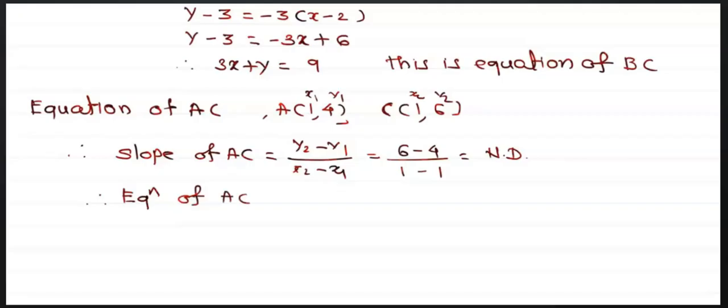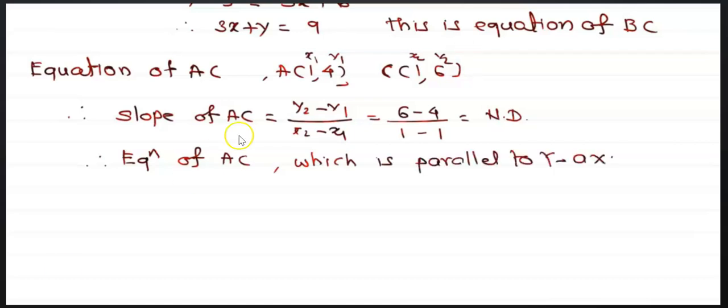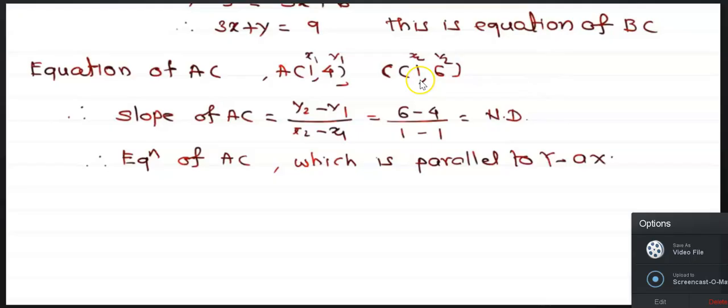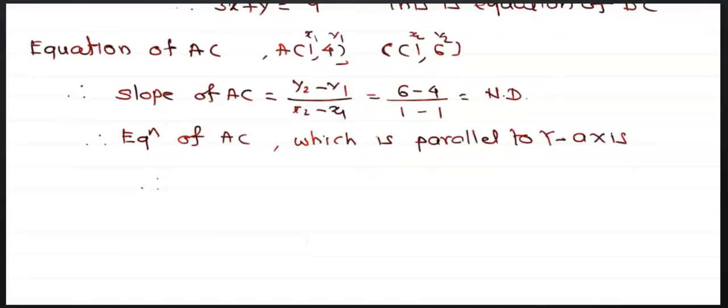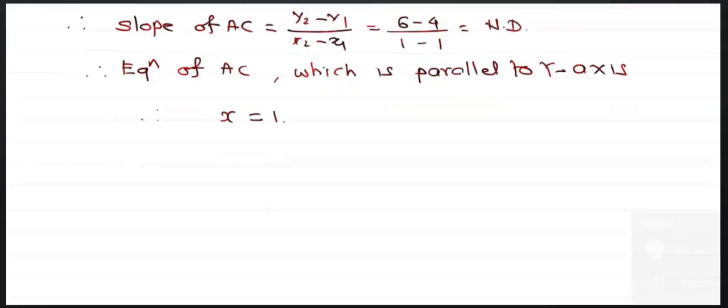Therefore, the equation of AC is x is equal to 1. The x coordinates of both points on it are the same. X is equal to 1. This is the equation of AC.